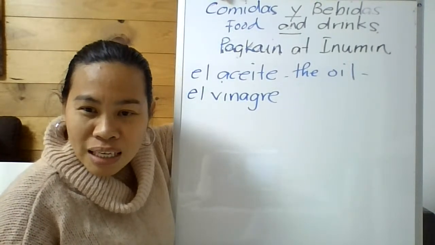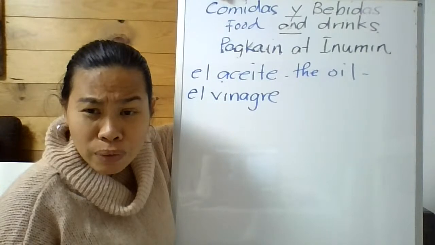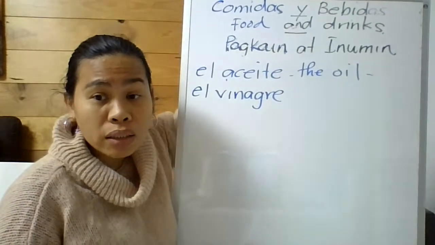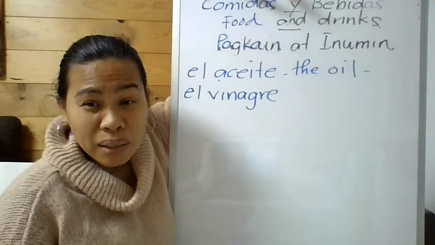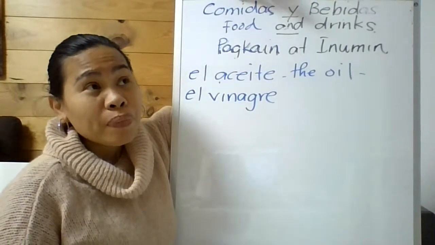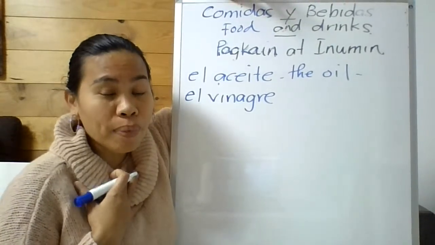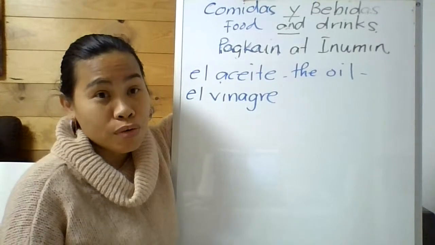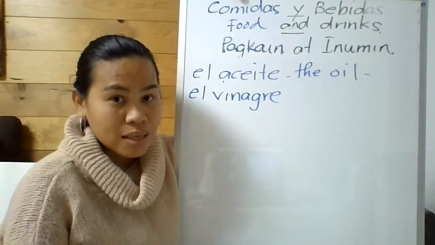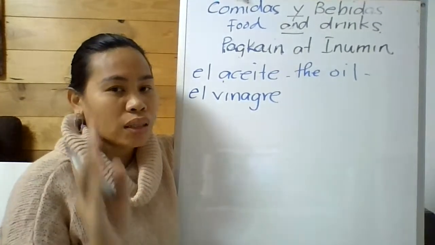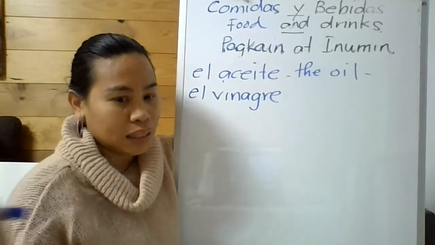Kasi sabi po nila, mag-iiba daw yung meaning kung hindi mo gagamitin. Tama, tama, Kenneth. You are right. Mag-iiba daw yung meaning. Ganito, kasi habang kino-correct talaga ako lagi ng aking mister, lagi niya ako sinasabihan na los artículos son muy importantes.